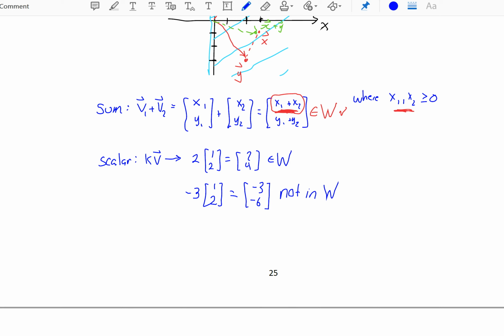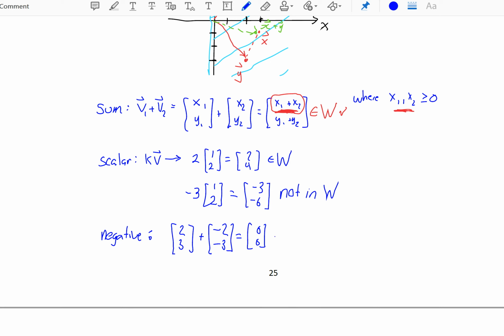Similarly, you could have asked, is there a negative of any vector in W? So that being said, if I give you the vector 2, 3, the negative would have to be -2, -3. This would give me the 0 vector.